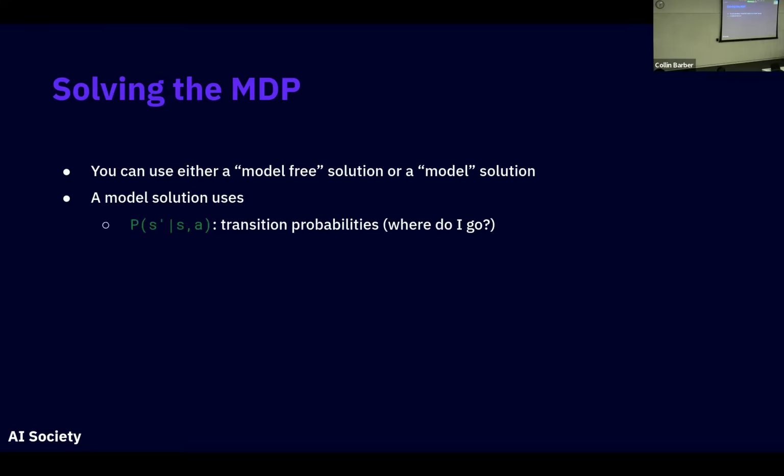So in an MDP, you have multiple solutions, right? There's many ways to solve these graphs. Value iteration is one that requires the whole model, right? And what a model means is that it has these functions, this part of your MDP, and it can use those to simulate in its head what's going on in the world.